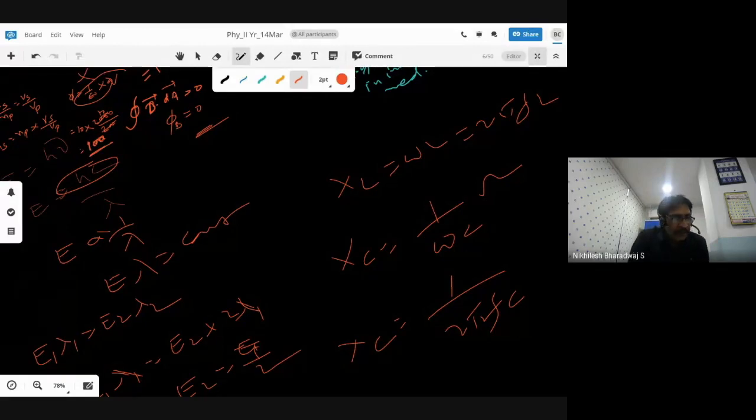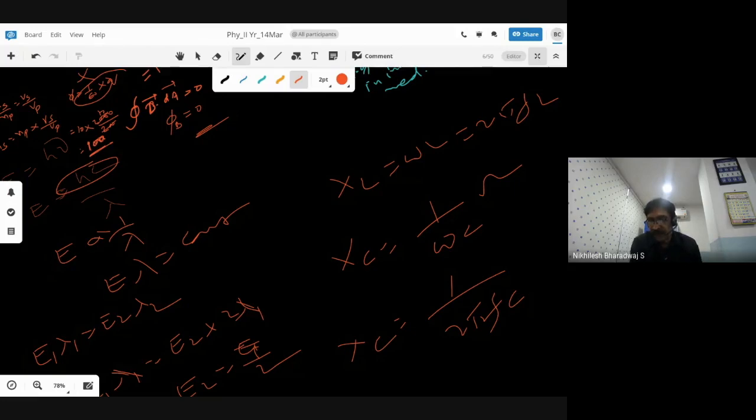The value of magnetic field left in the specimen is known as the retentivity. That means at which H becomes 0. H is different from B because B is equal to mu H. So the value of magnetic field left in the specimen, even when magnetizing force is 0, is known as retentivity.